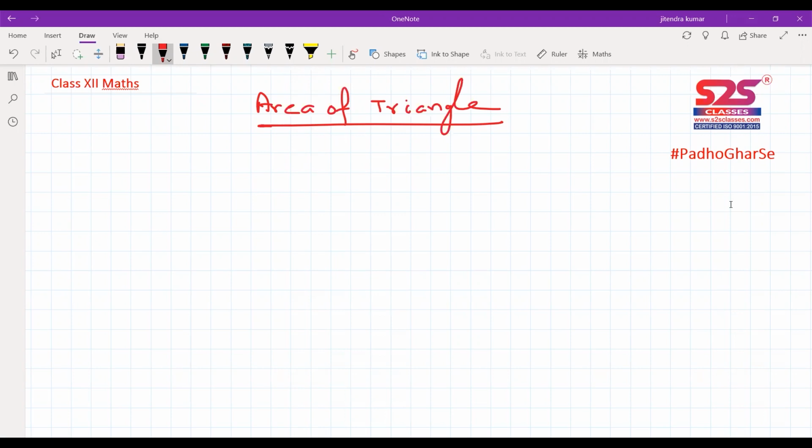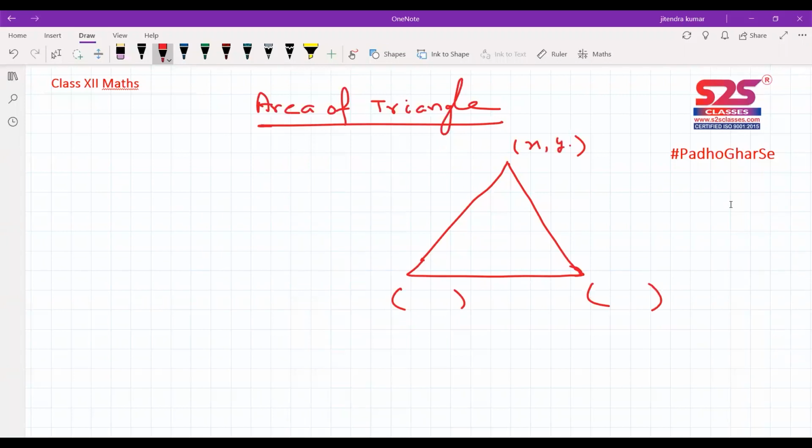In coordinate geometry, we have studied this formula: if we have a triangle and its three coordinates are given, like x1 y1, x2 y2, and x3 y3.